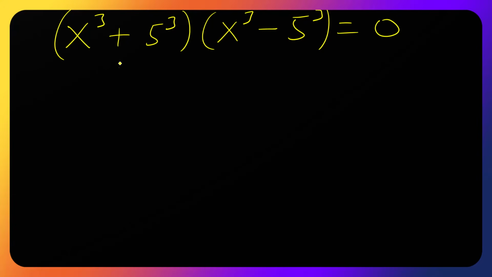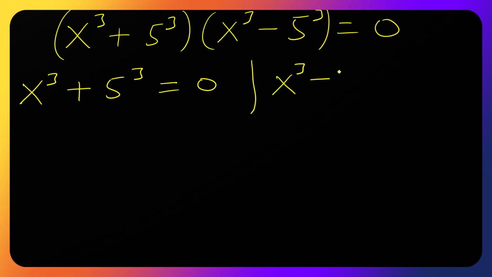So it means this one is equal to 0 or this one is equal to 0. So that will be x cubed plus 5 cubed equals 0, or x cubed minus 5 cubed equals 0.